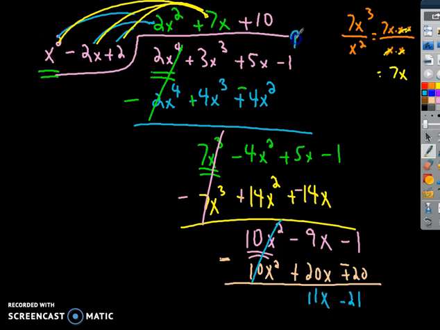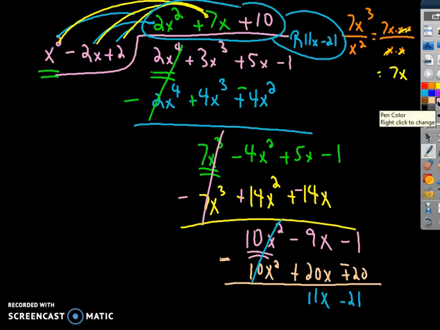So the remainder is 11x subtract 21. So our answer is this top part and the remainder. So you want to know what that would be if we divided them. The answer is, I'll write it here.